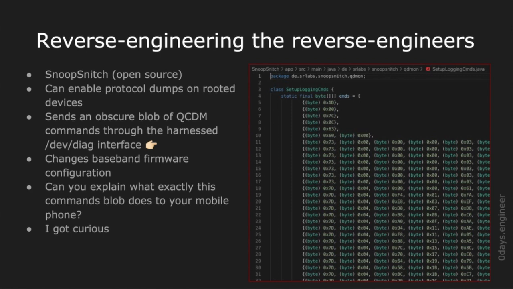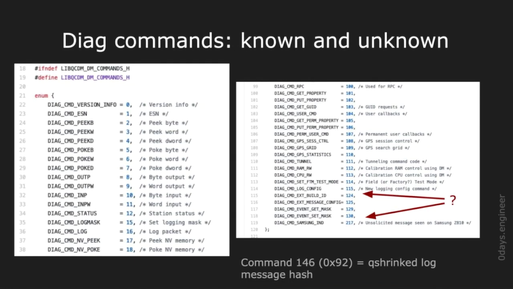And in order to accomplish this, SnoopSnitch sends an opaque blob of Diag commands to the mobile device through the Diag interface. This blob is not documented, so it got me curious what exactly these commands are doing. But before we can look at the dump, let's understand the protocol.